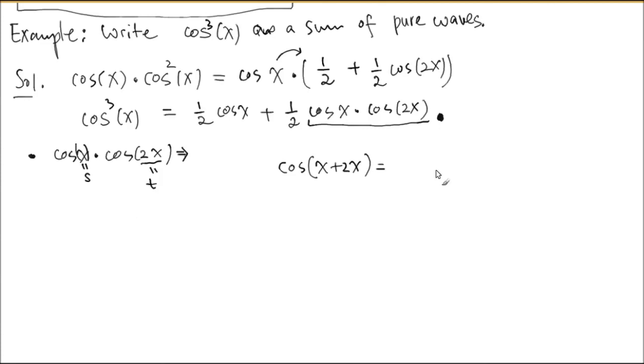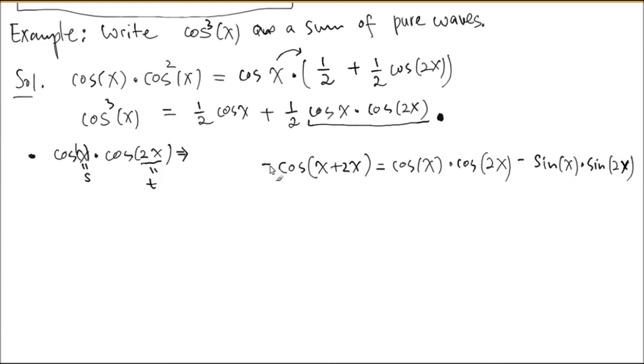So what is it? Cosine x times cosine 2x, like we expected. What is the next term, though? Minus sine of x times sine of 2x. Agree? That's what we get from the cosine addition formula.